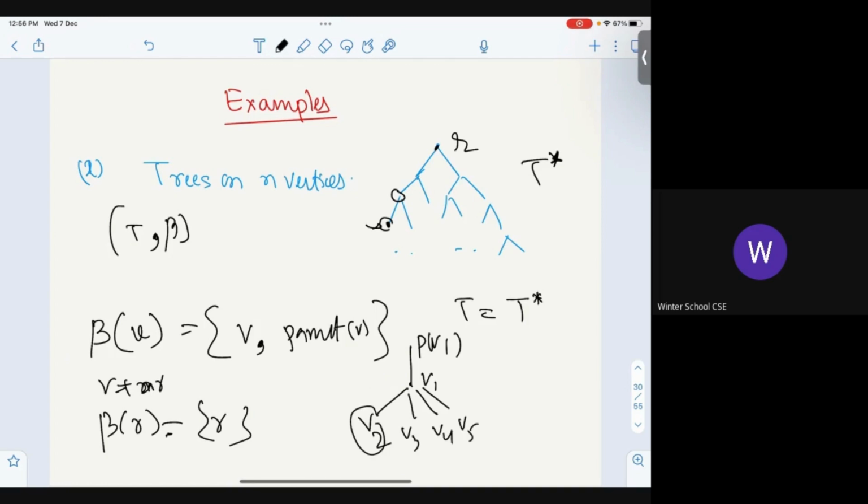When you make a bag for V2, what will it contain? V2 and V1, right? What will this contain also? V3 and V1, this and this. And finally, where does V1 live? In its own bag. So if you look, this is a subtree, right? It's connected. So it's a valid tree decomposition.